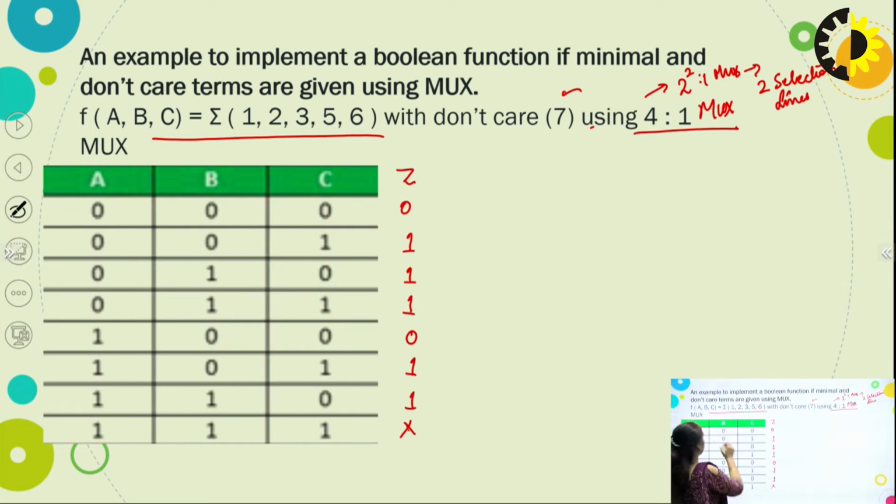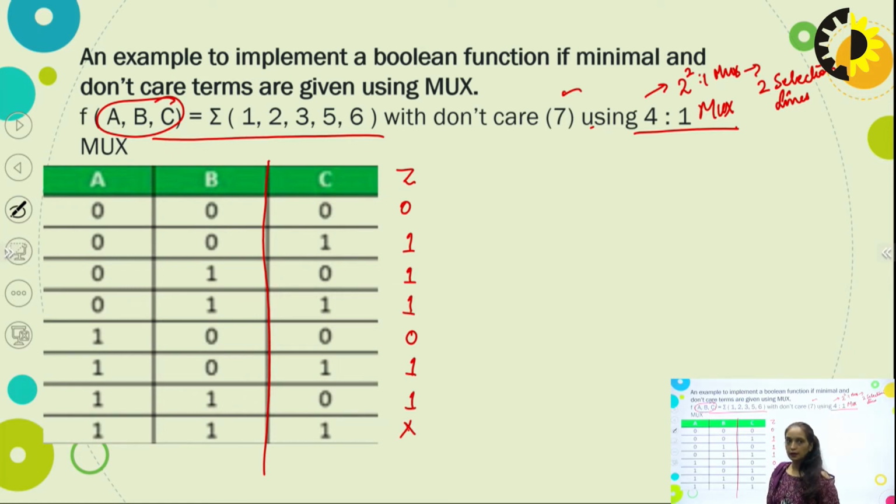Now, whatever parameters are present in the question, out of these three parameters, we are going to use some variables as selection lines and some variable as an input line. Okay. So if you check the chart, we can see that if we use AB as the selection lines, we need two selection lines.